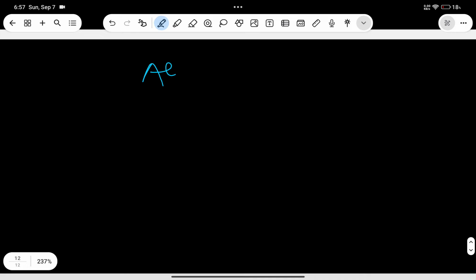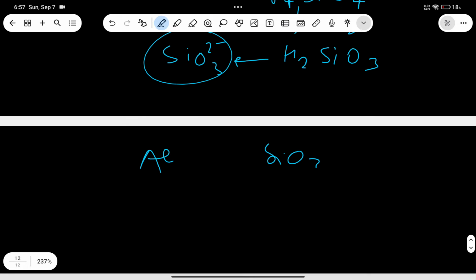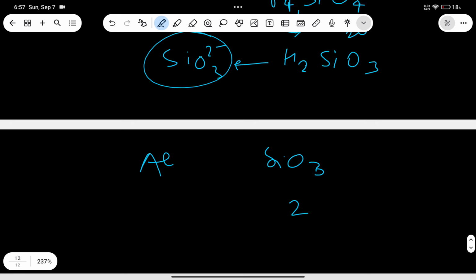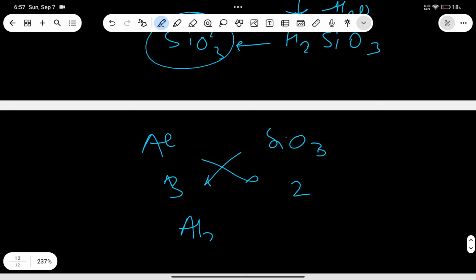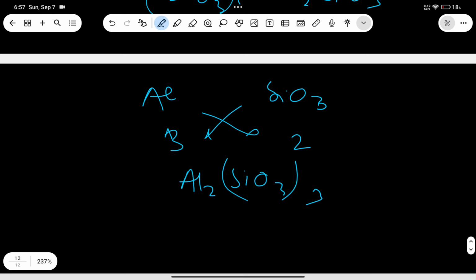Aluminium is 3 plus and this is 2 minus, so crisscross, and it will be Al2(SiO3)3. Yes, it is correct.